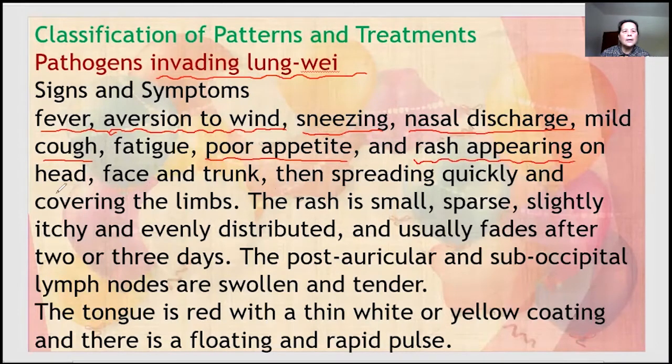The skin rash can come out from the head, from the face and the body. Then very quickly it spreads all over the body and the limbs. This skin rash is smaller, and it can cause itching also.